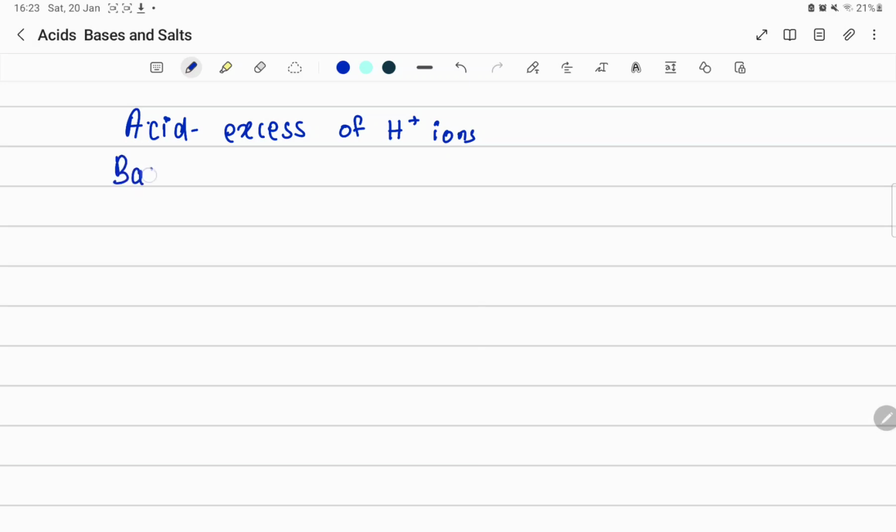A base is a substance whose aqueous solution has an excess of hydroxide ions. This is basically the foundation of what an acid and what a base is.